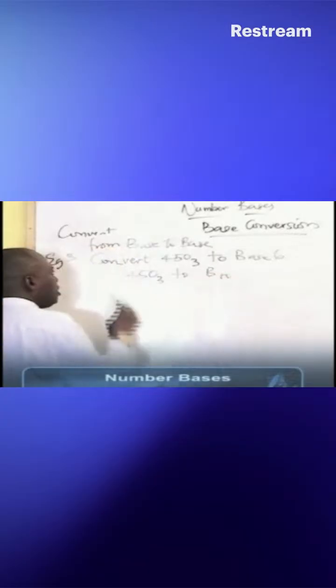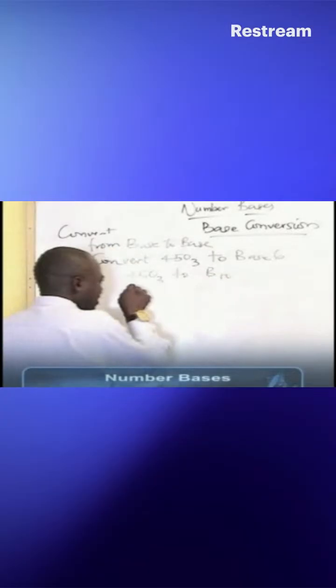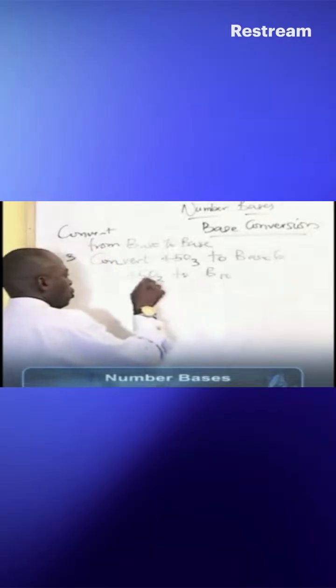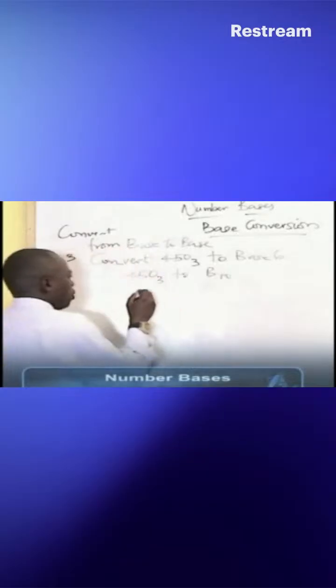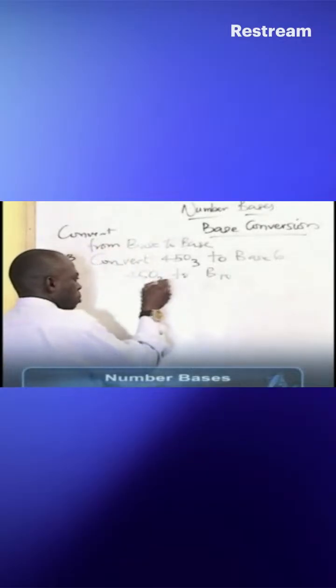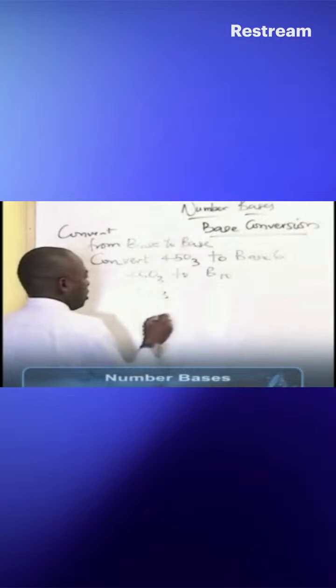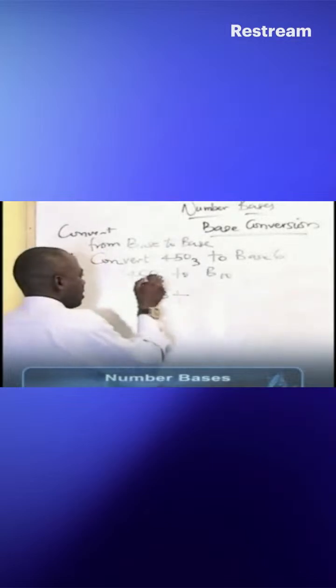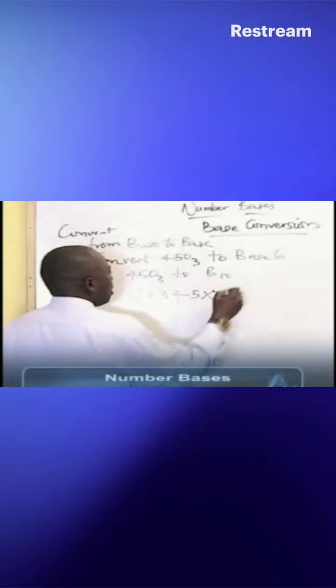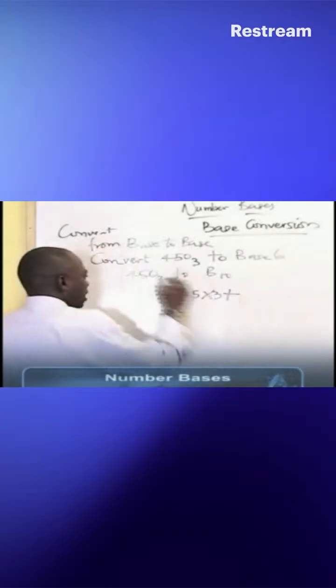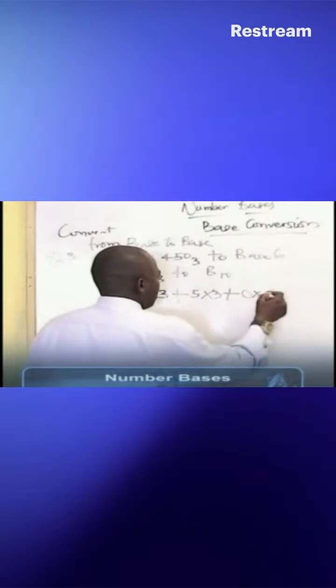And just like we did for base 2, you do the same thing here for base 3 to convert it to base 10. You take 4, the first digit, multiplied by the base, which is 3. You put addition sign. You take the second digit, which is 5, multiplied by the base, again, which is 3. Now you put addition sign again, and then 0 times 3.